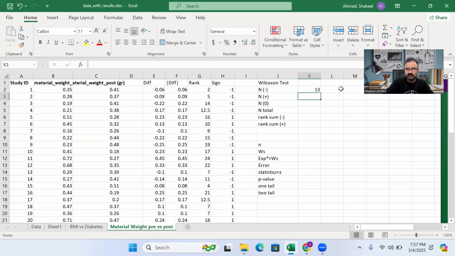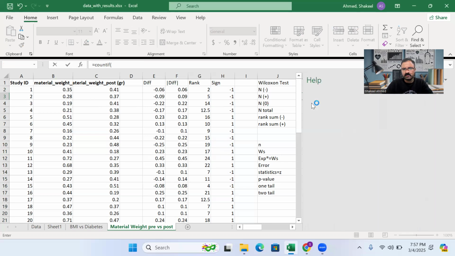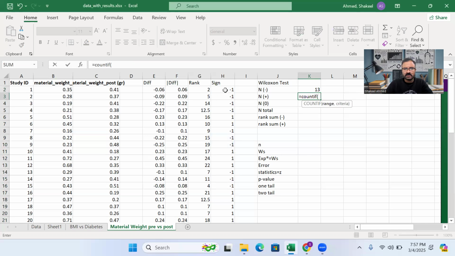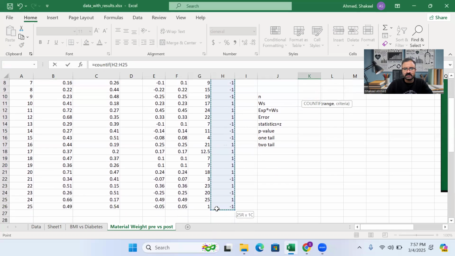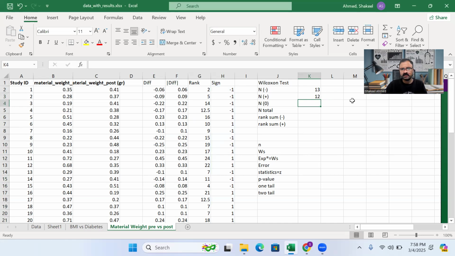This is the negative ranks and the positive ranks found with COUNTIF, so you can see documentation as well, but I'm just dragging the data. And then what is the criteria? Criteria is 1. And there are no zeros, so it's just 0. And total is 25 observations.